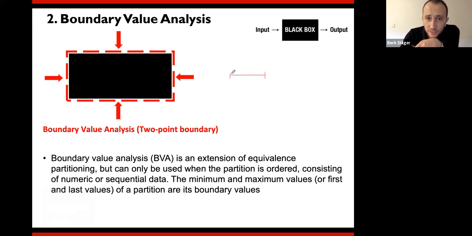In boundary analysis, you need to test the lower bound and upper bound of the partition, and also you need the adjacent inputs for your tests. This is the criteria for the 2-point boundary analysis technique.